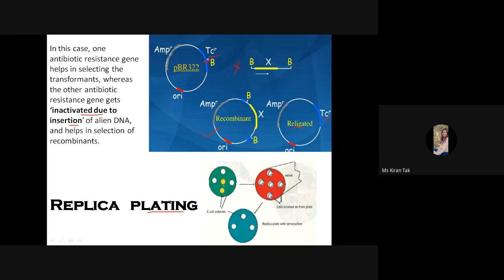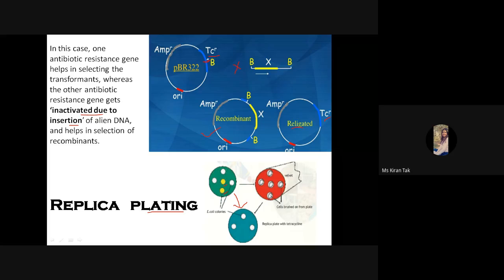Now these yellow colonies are the transformed recombinant colonies. These colonies are plated on the tetracycline containing medium plate. With the help of the velvet, we transfer this colony onto this plate.